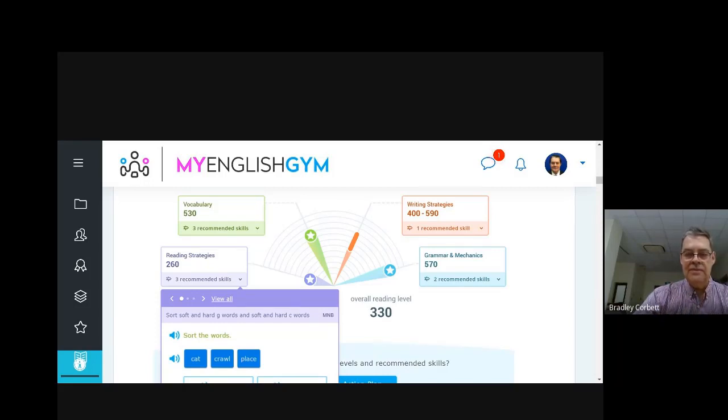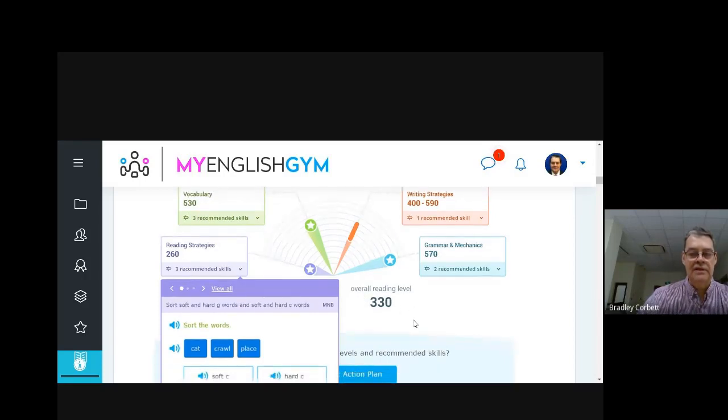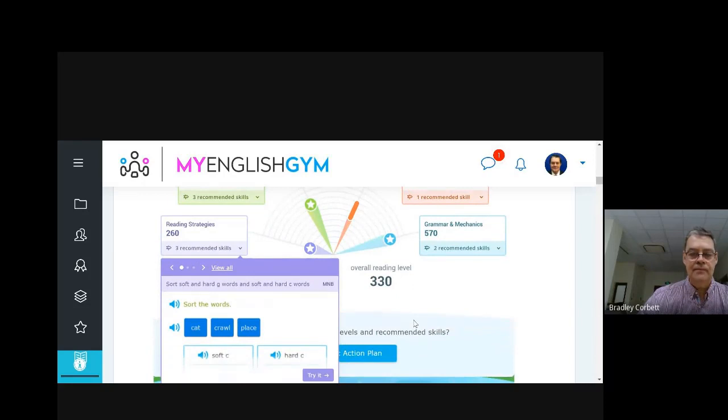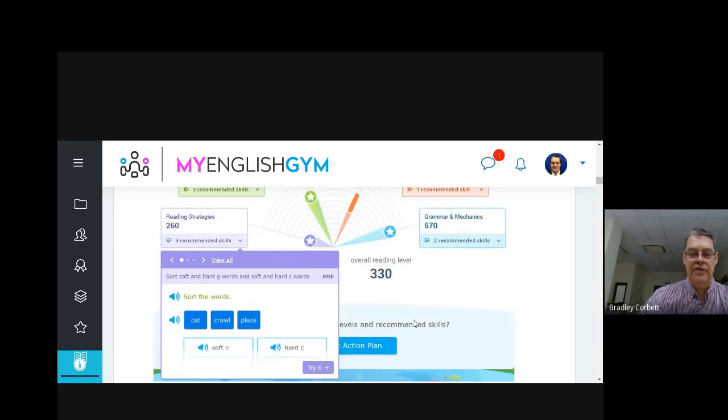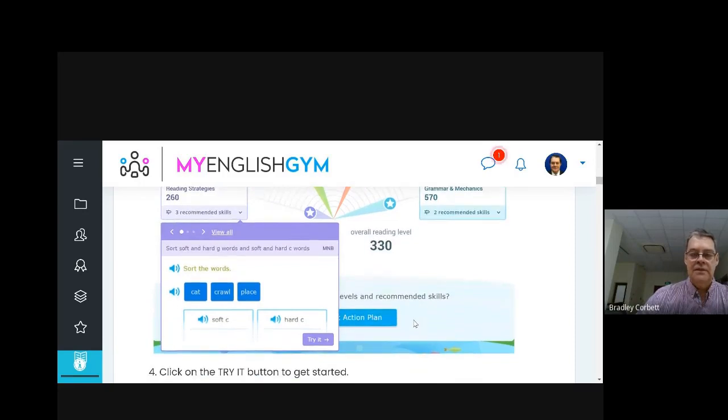And we recommend that the student should spend more time, in this case, on reading. And you can see that there's a number of skills and exercises that are recommended. So the student would click on the recommendations and work through the skills that they need to improve their ability.